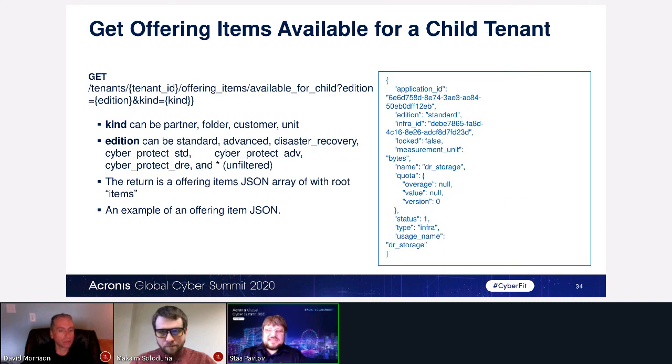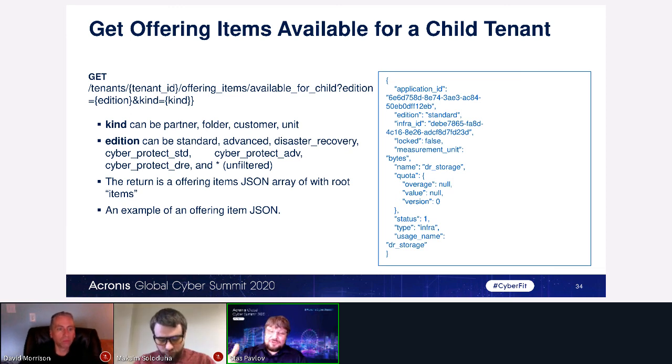To end this example of offering items, remember that I have this edition. You can have this edition here, you can have this name, and you have the usage name. So all is clear on how to deal with it. And normally, remember when we discussed it with Dave, we have two options. One option is to create a list of offering items you really know you want to provision, and just deal with that.